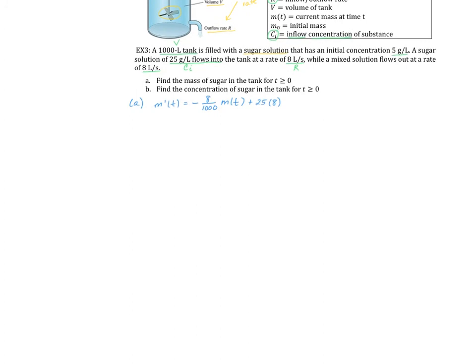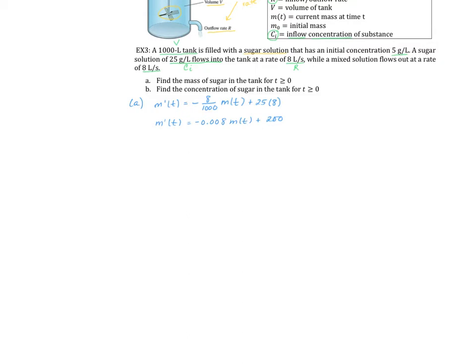When we clean this up a little bit, I have M prime. And I think I'm going to write this as a decimal, negative 0.008 m of t plus 200. So what I want to bring your attention to is the form of this equation.